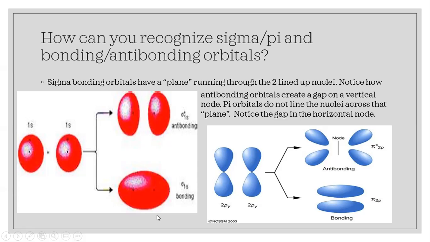There's still that horizontal gap that sigma orbitals don't have, and then it also has this vertical node that separates that as well. So you can tell it's just this one sliced in half with that vertical node or gap, whatever you want to say. But just recognizing that helps me a lot, and I feel like most of you do that as well. That's how you recognize and can tell what is what.